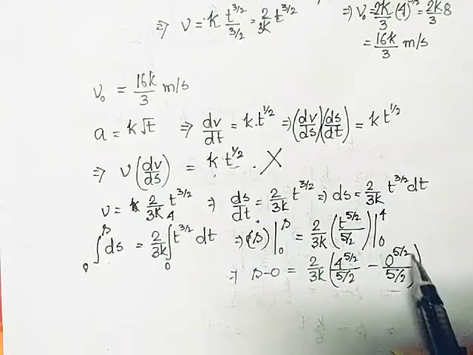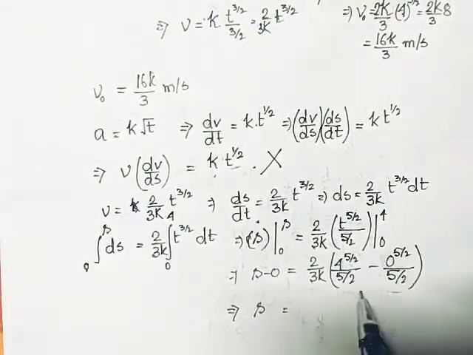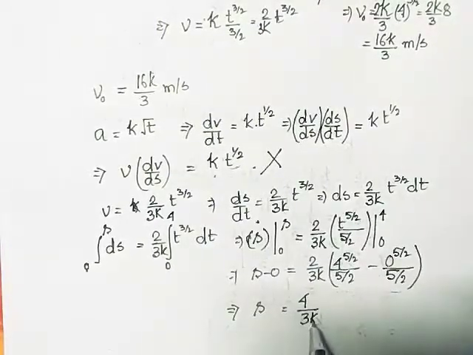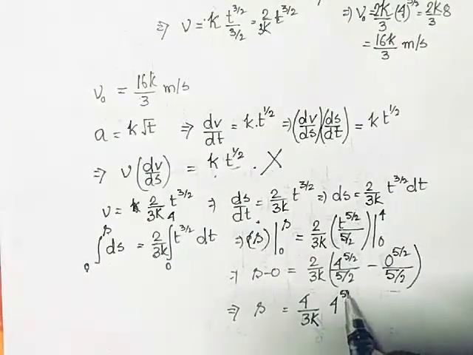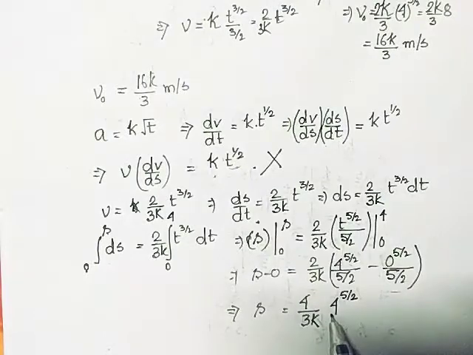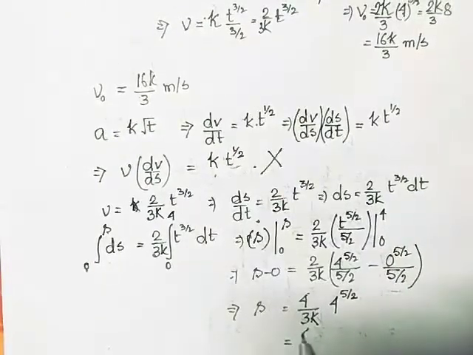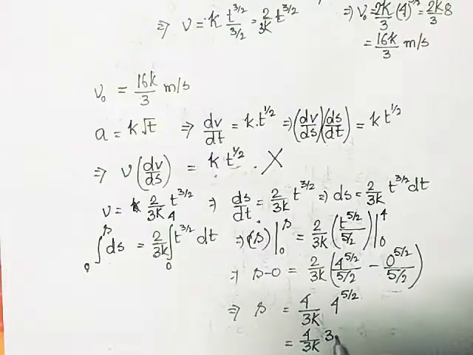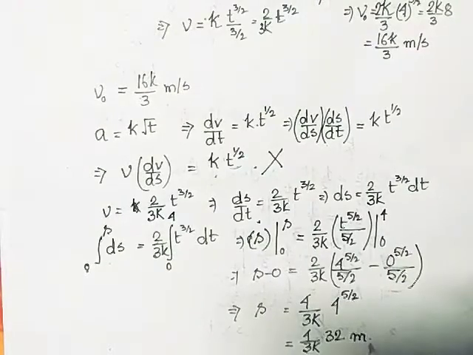This obviously becomes 0. So s will be 4 divided by 3k, 4 to the power 5 by 2. The square root of 4 is 2 and 2 to the power 5 is 32. So it will be 4 divided by 3k times 32, and obviously this will be represented in meters.